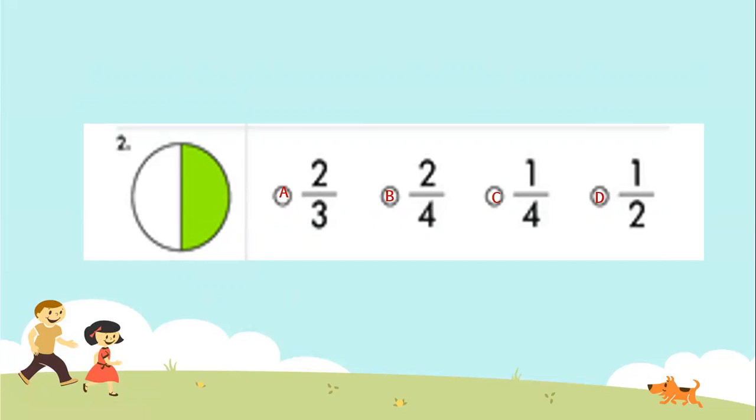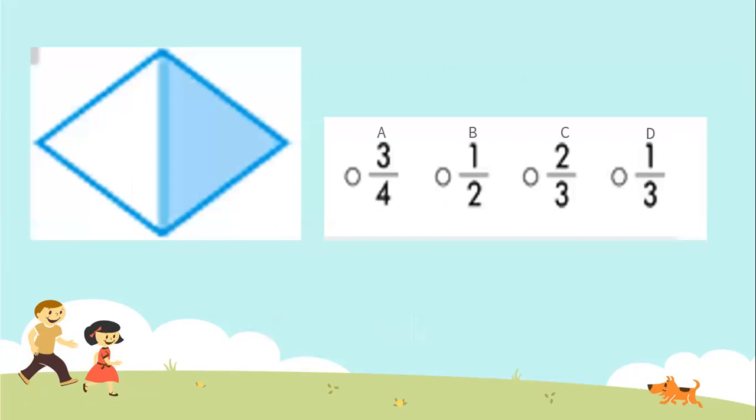Which of these is the correct way to write a half? If you selected D, then you are correct. We write the fraction a half, 1/2. So a half is 1 part out of 2 equal parts.